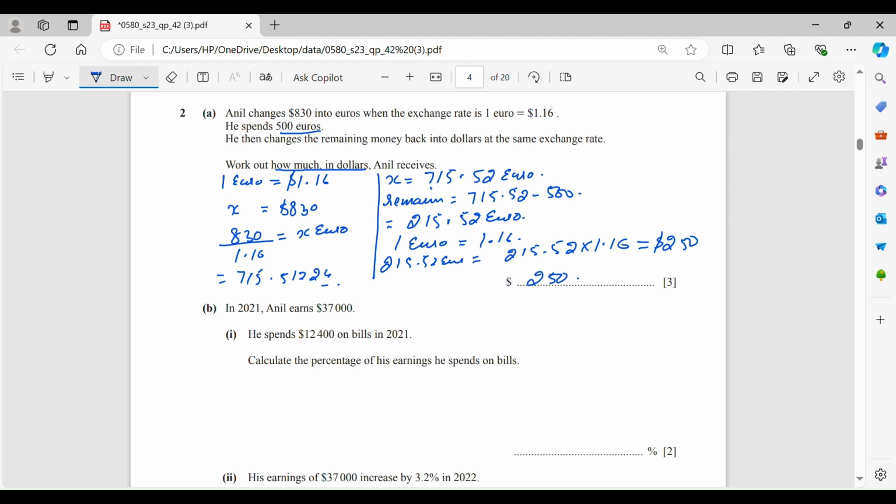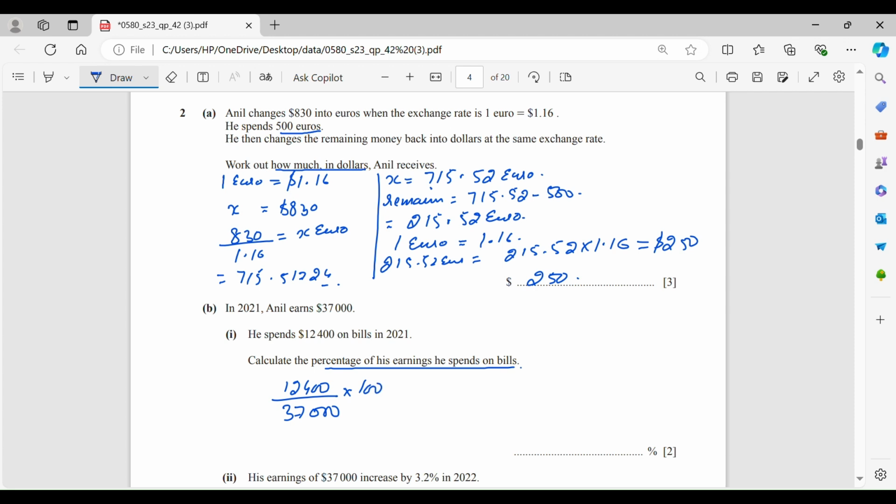B part. In 2021, Anil earns $37,000. He spent 12,400 on a bill in 2021. Calculate the percentage of his earnings he spent on the bill. This is the easy part: 12,400 over 37,000 into 100.